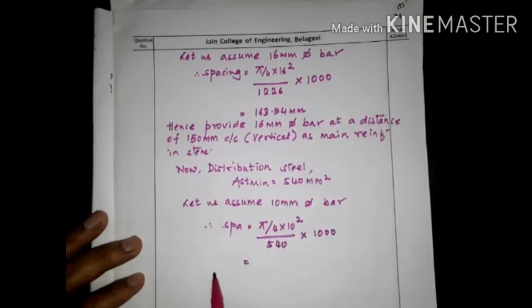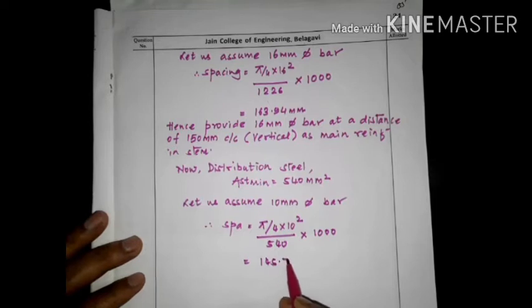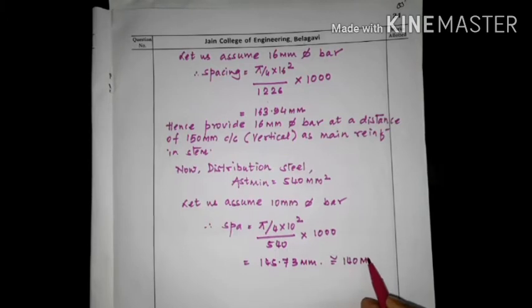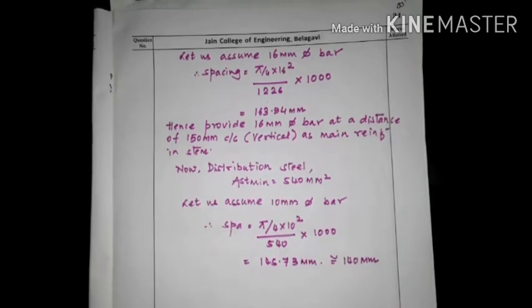So you get 145.73 mm. I will provide at a distance of 140 mm. If you want, you can go for 125 also. I have assumed 140 mm.